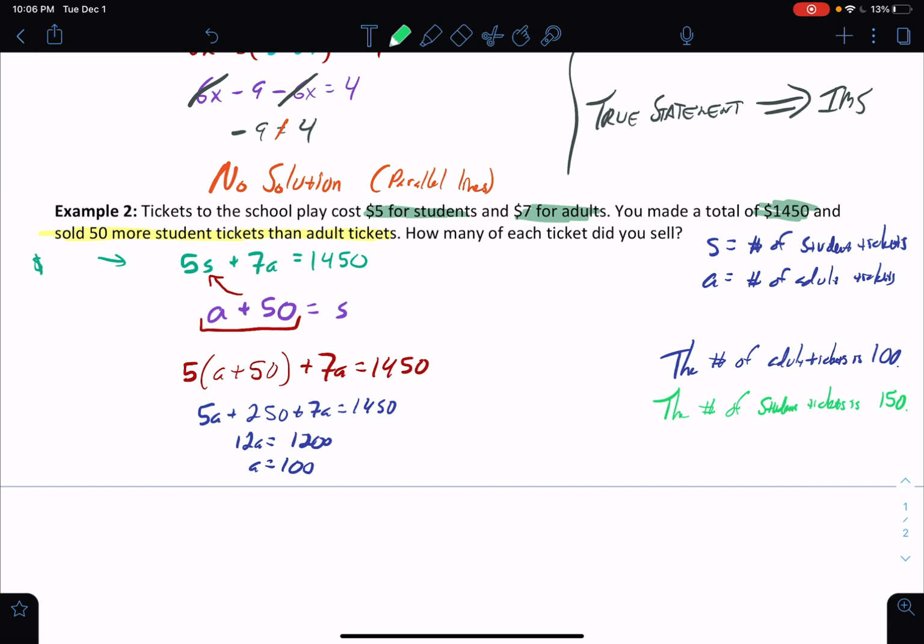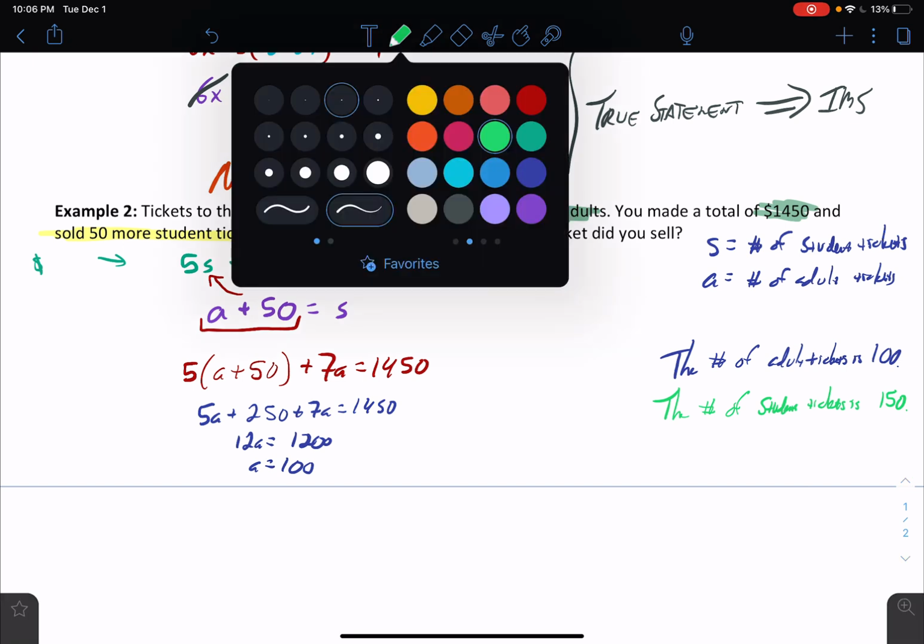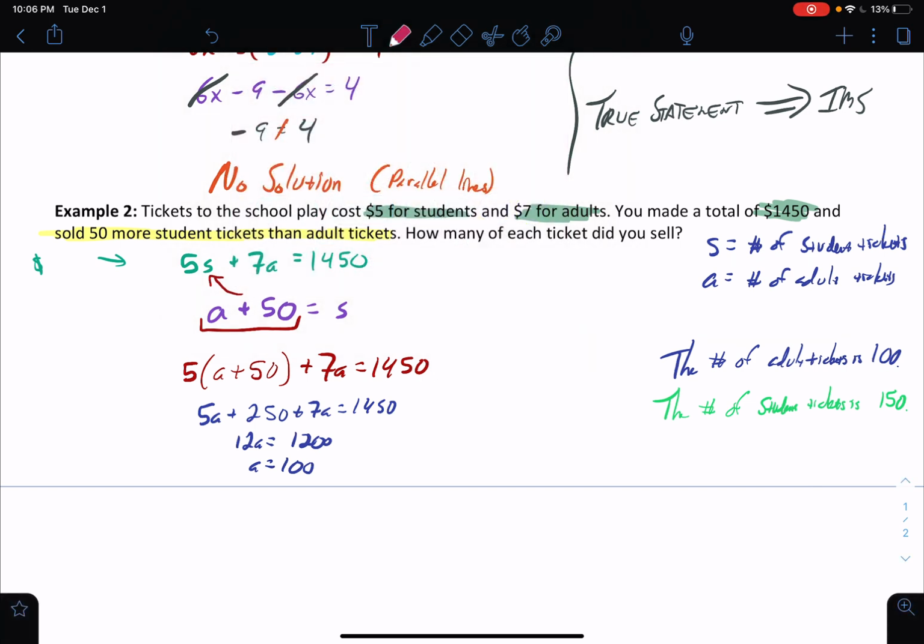And we can check our answer by plugging it into the first equation. 5 times the number of student tickets, which is 150, plus 7 times the number of adult tickets, which is 100. What is that going to give me? It gives me 1450. That's how we know it's right. Okay? So this is our final answer.